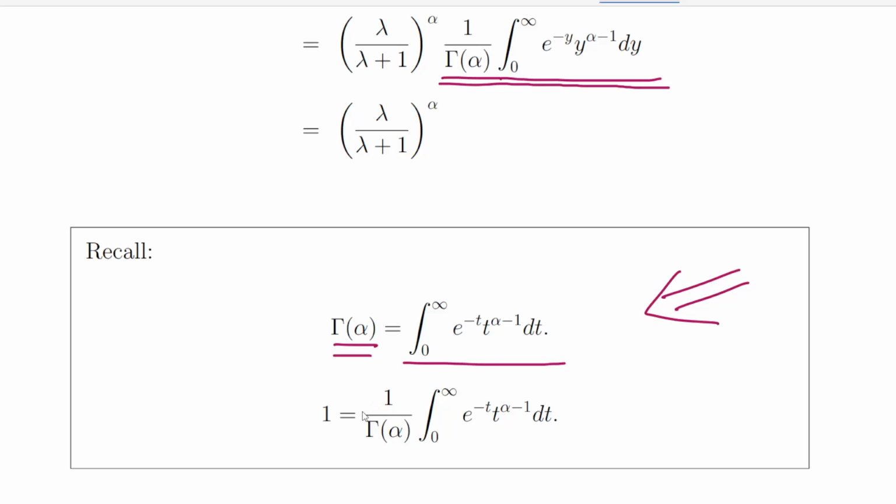So when we divide both sides by the gamma function of alpha, what we're left with is 1. So this entirely evaluates to 1. That means we are left with this expression here, lambda divided by lambda plus 1 to the power of alpha. So that is essentially our answer. Okay, so that's the exercise done.